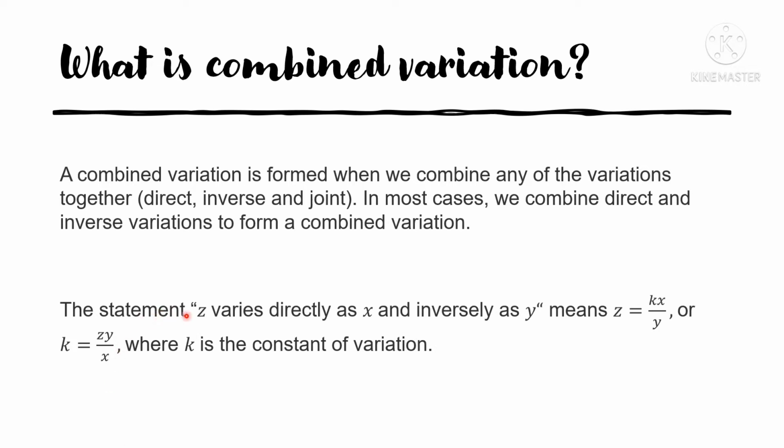The statement z varies directly as x and inversely as y means z equals k times x over y, or k equals zy over x, where k is the constant of variation.